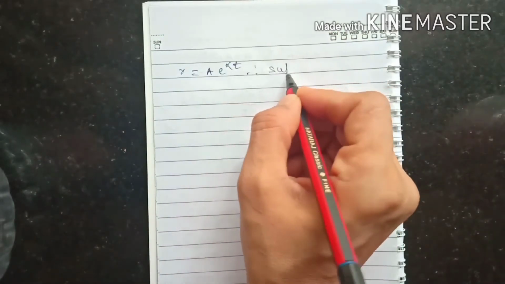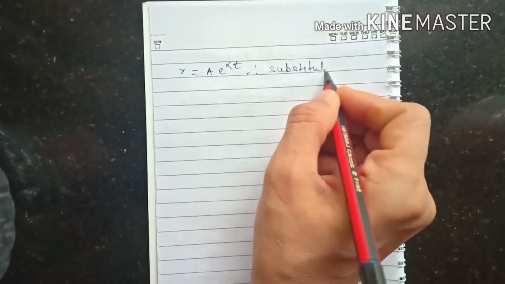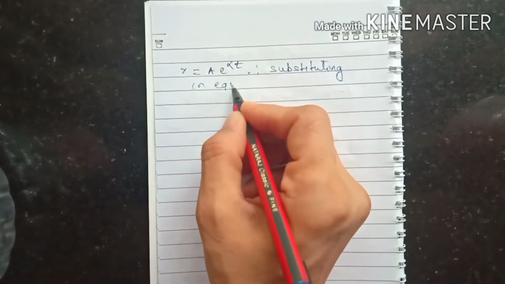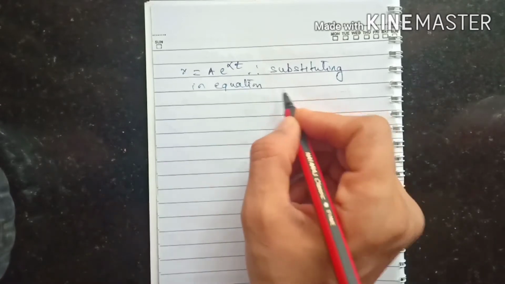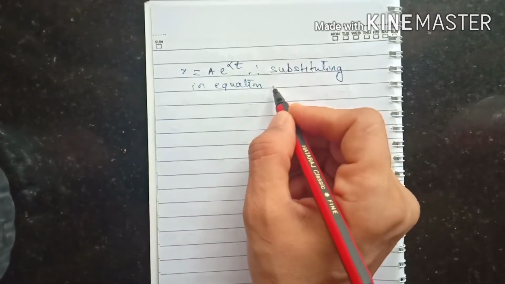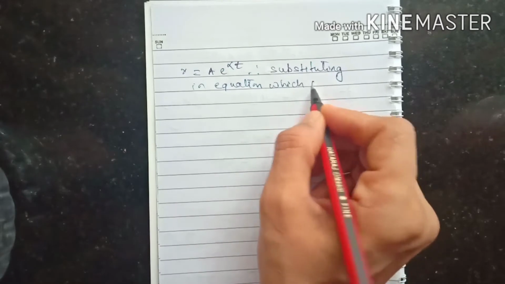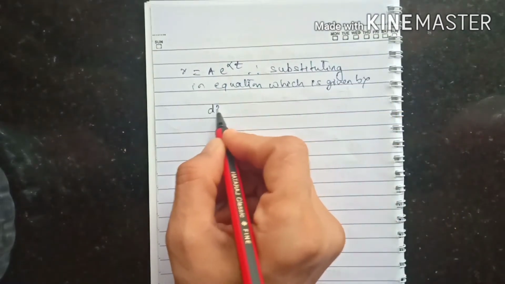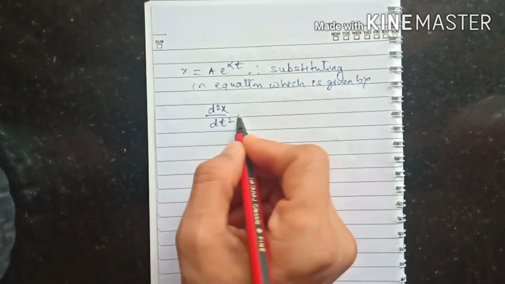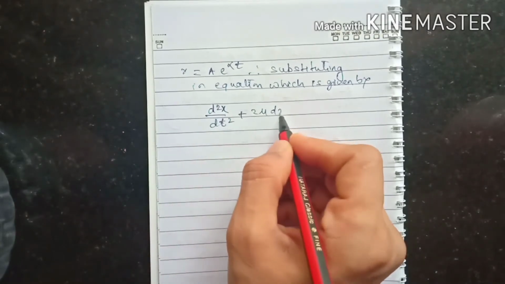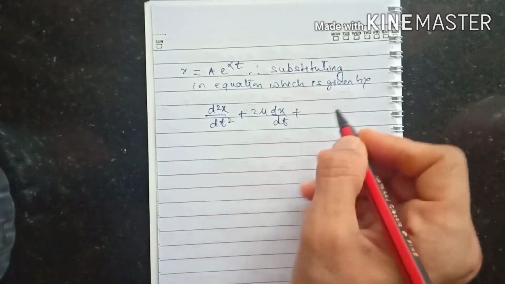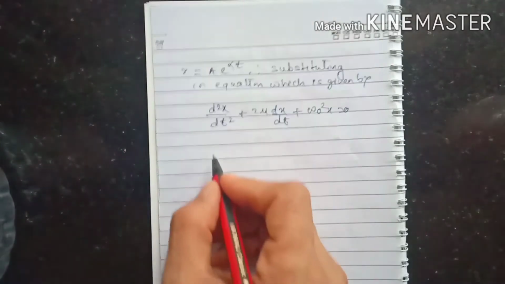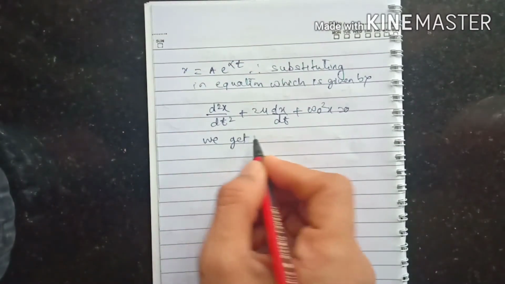So substituting in the equation d²x/dt² + 2 mu dx/dt + omega 0² x = 0, we get the following equations.